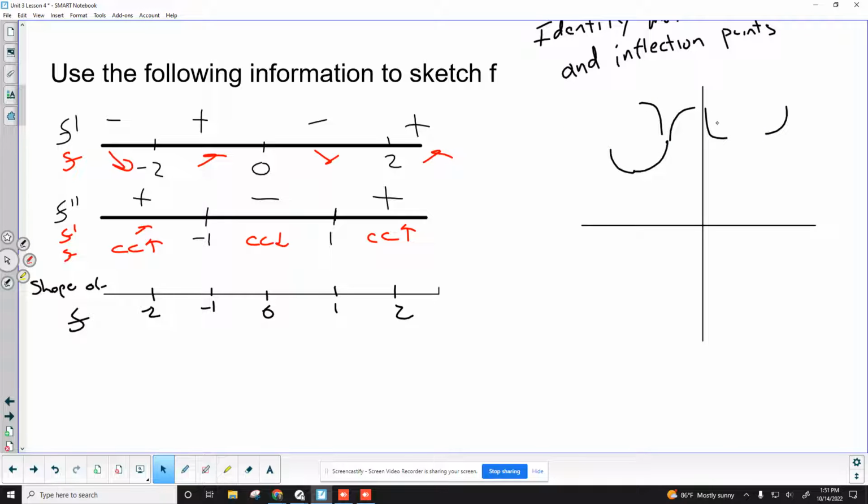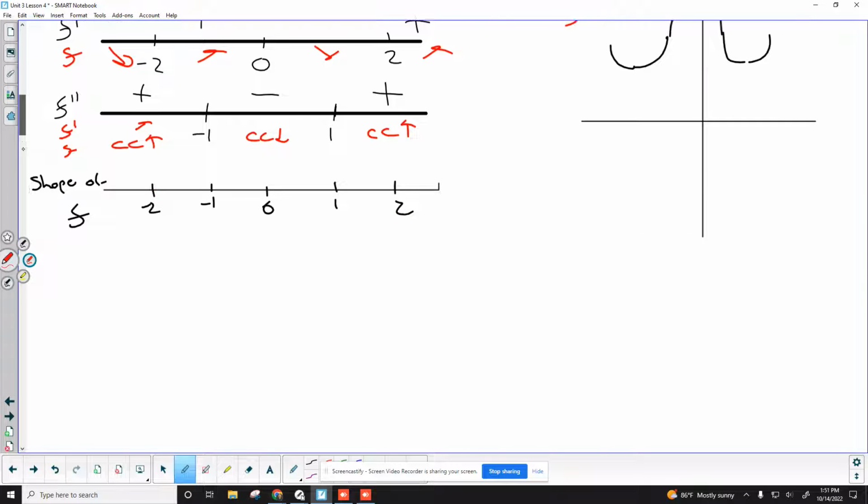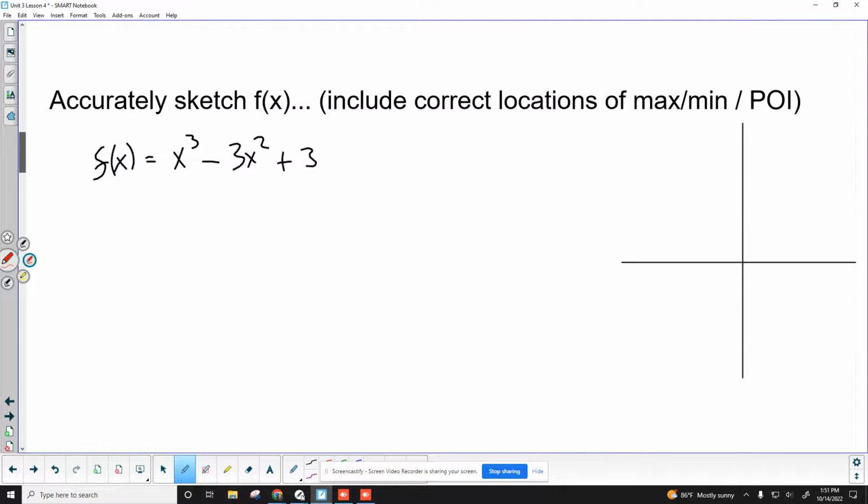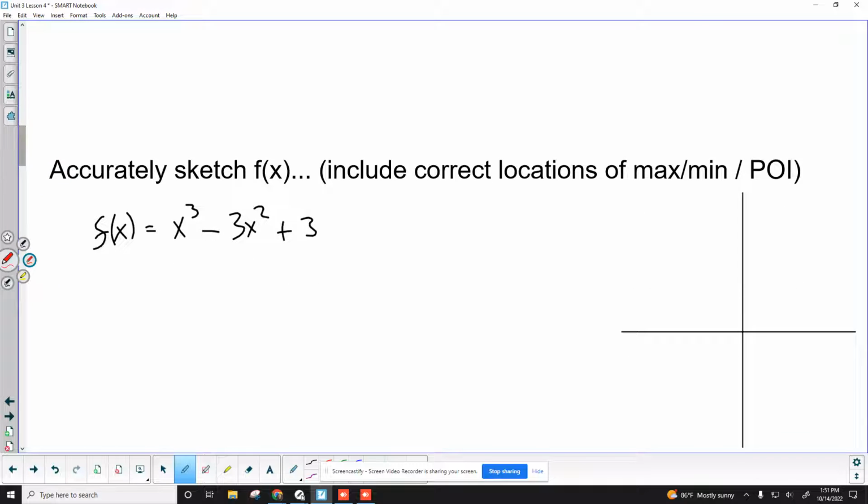You might not know exactly how high it's going to go, exactly where it will end up, but this is what f's got to look like. Boom, we're a human graphing calculator. Now, if you have f prime and f double prime and an equation, we are ready to be a human graphing calculator.